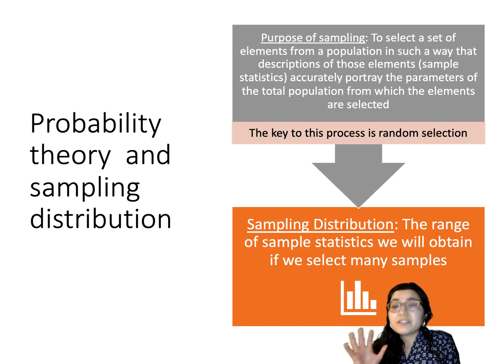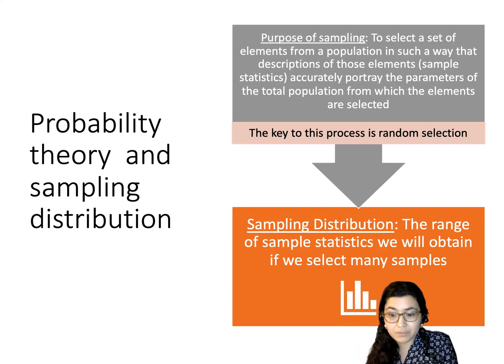The purpose of sampling is to select a set of elements from a population in such a way that the description of those elements, the sample statistic, accurately portrays the parameters of the total population from which the elements are selected. If we know the demographics of the larger population, that's helpful because it could help us frame how we're going to be sampling.